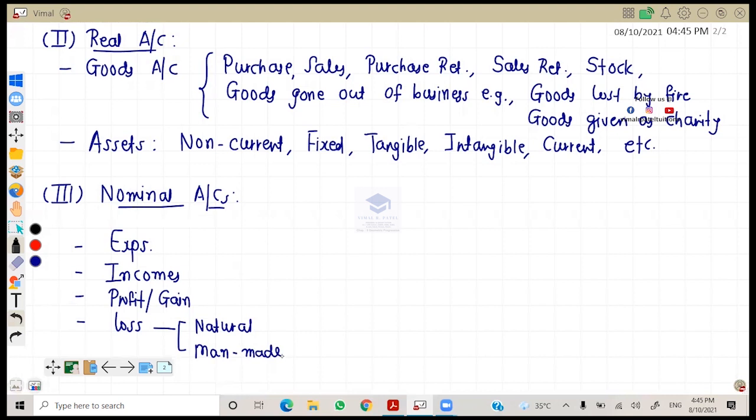All types of loss are part of nominal account. Expense like electricity bill paid, telephone bill paid, salary paid to employee, income like rent received, interest received, profit on sale of any asset, loss while selling any asset, loss by fire, loss by accident, depreciation, bad debts, all are part of nominal account.